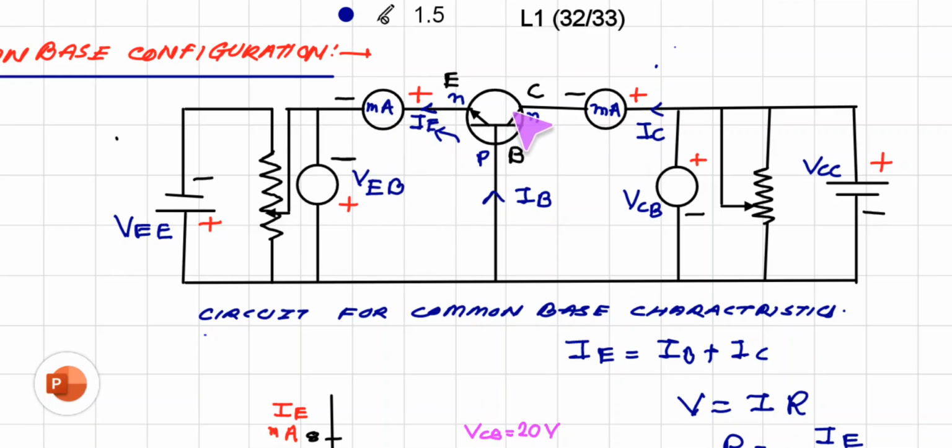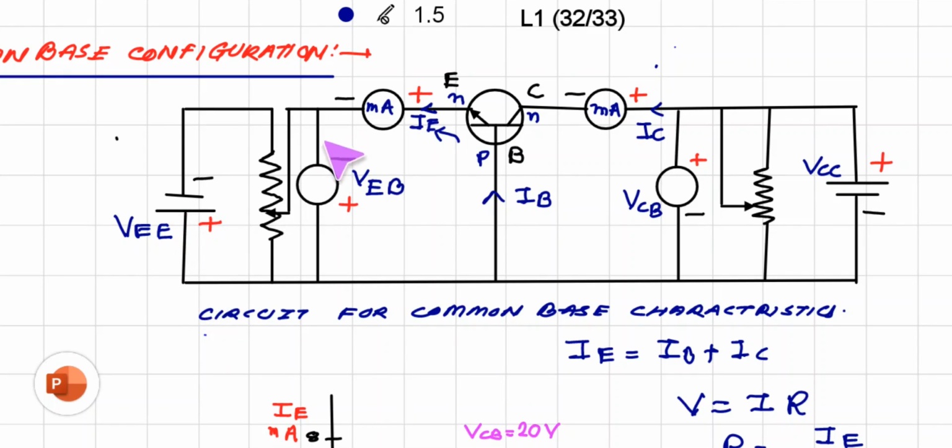Here we have emitter, base and collector; the transistor is NPN type. We know that the emitter-base junction should be forward biased and the base-collector junction should be reverse biased. To make it forward biased, the N is connected to negative polarity and the base, the P region, is connected to positive polarity.